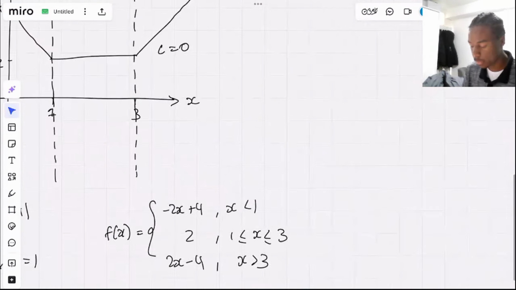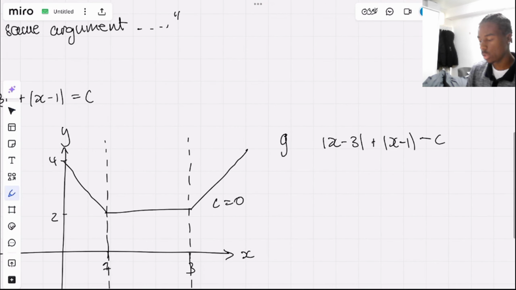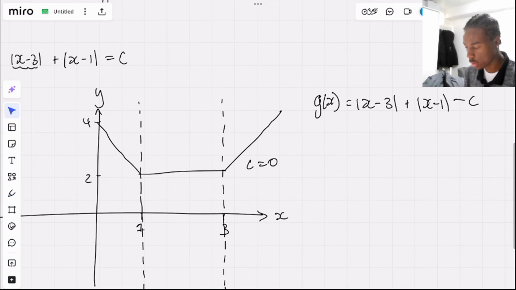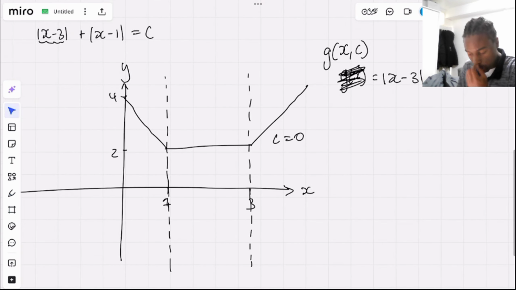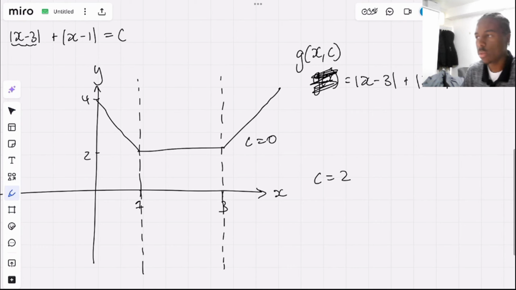Now remember, we're going to consider minus c, some new function g of x. Really, this should be g of x, c. So, when c is equal to 2, what happens?